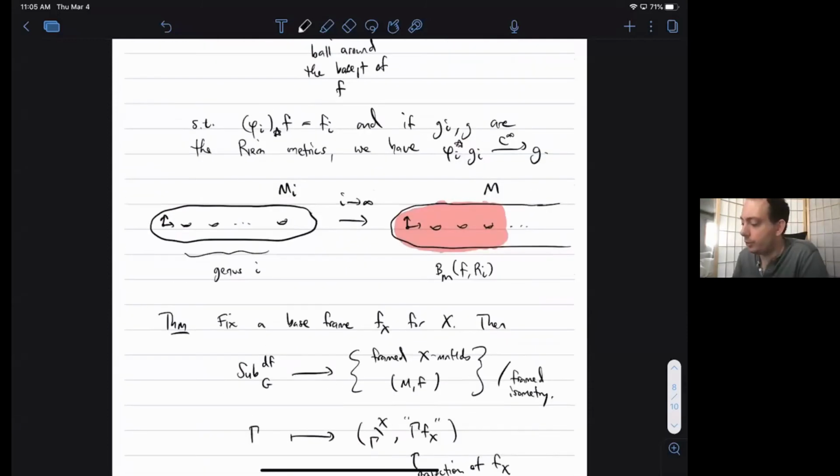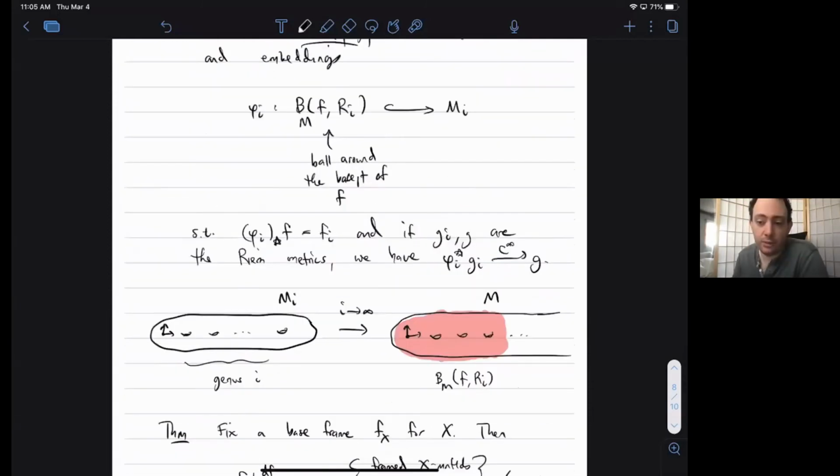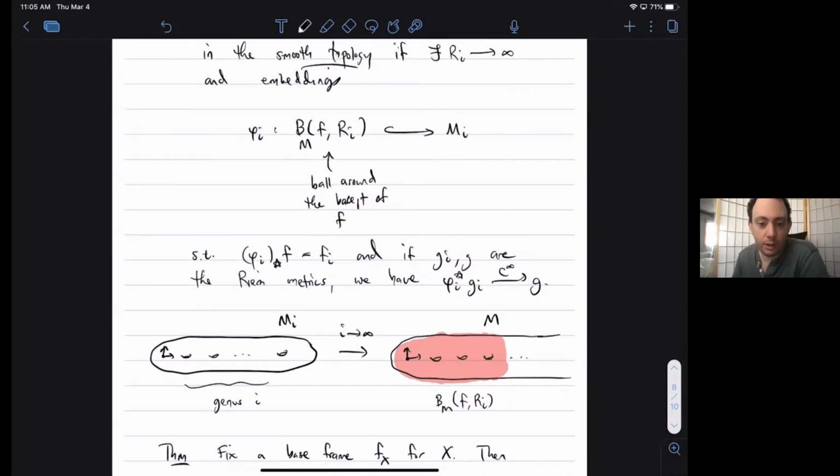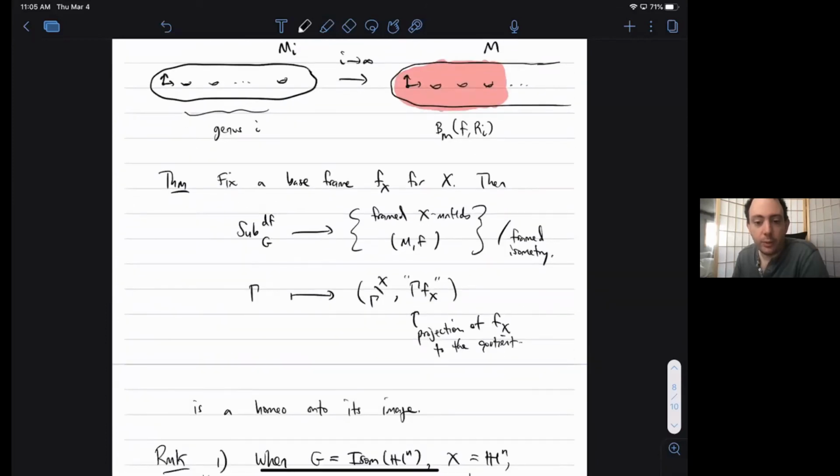You could do this whole theory with base points instead of base frames and get a pointed version of smooth convergence. The reason we don't do that in the theorem is because then the map that we're constructing would not be injective. So the frames allow this to be an injective map.